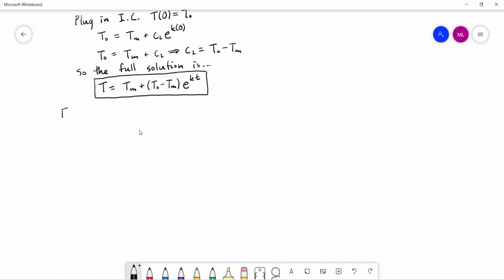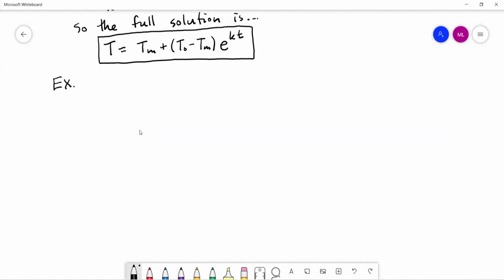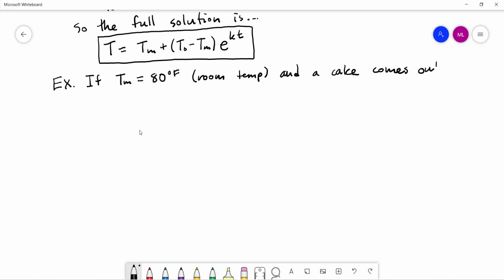So let me give you this example. In this example, I want to say that our room temperature is going to be 80 degrees. So if Tm equals 80 degrees Fahrenheit, that's our room temperature, a warm room, and the cake comes out of the oven at 350 degrees.